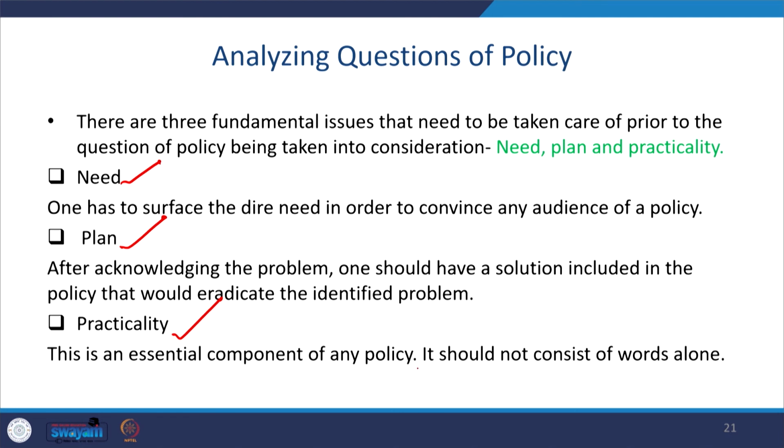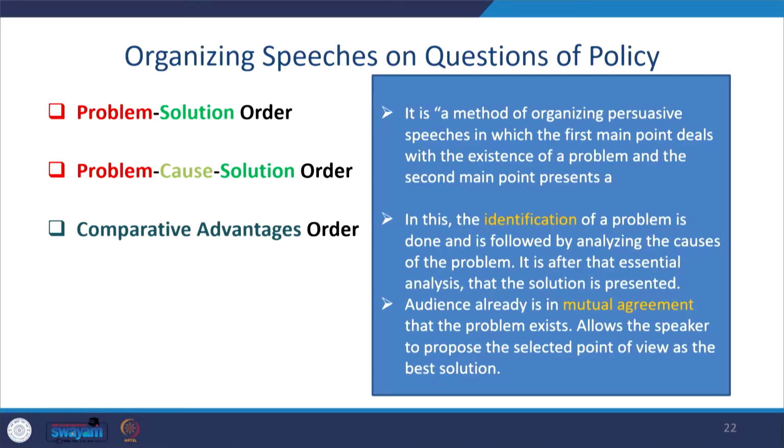This should not consist of words alone, rather it should have a proper demonstration, and it should be demonstrated by facts. When you organize speeches on questions of policy, you can follow these three orders. We have already discussed them in one of the previous lectures, so there is no need to repeat it.